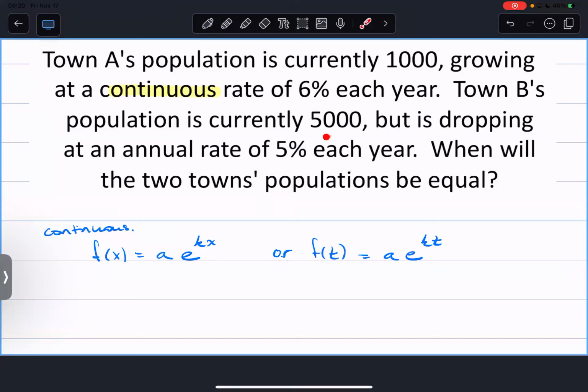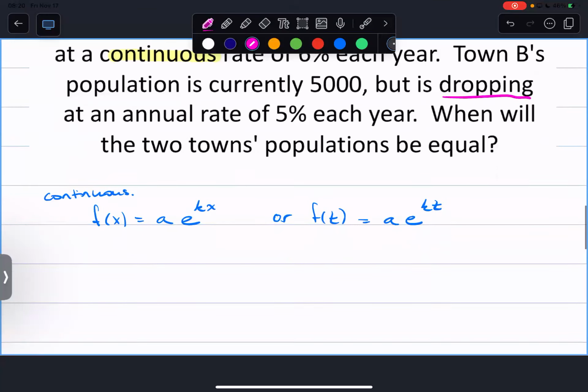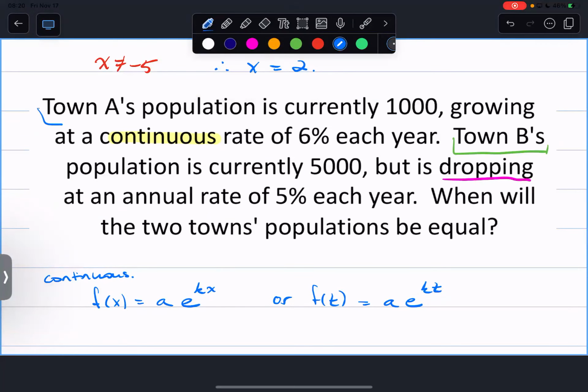Town B's population is currently 5,000, but is dropping. Uh-oh. So it's decreasing at an annual rate of 5% each year. So now that's not continuous. That's just a regular rate, right? And so here, I'll do Town B in green, and I'll do Town A in blue.